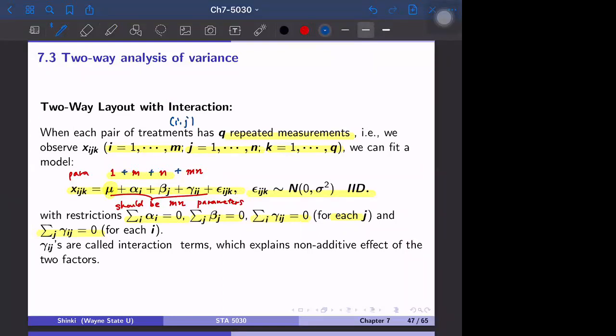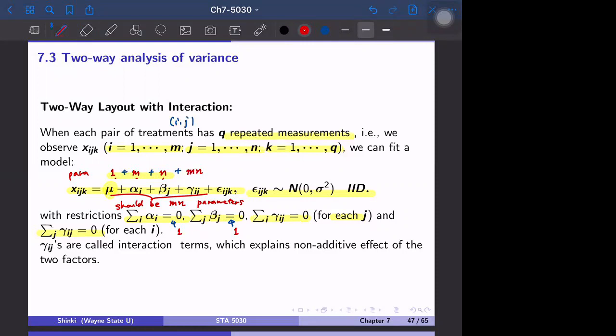To solve this problem, we assume one restriction here, for example, the summation of alpha_i is equal to 0, or alpha_1 is equal to 0. And one parameter here, so we have two restrictions, but still, in total, we need 1 plus m plus n restrictions.